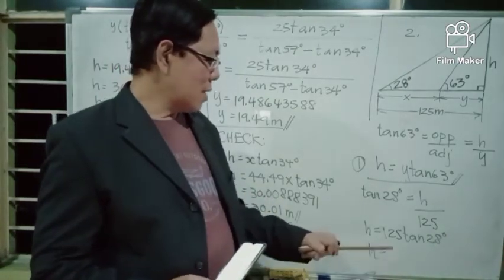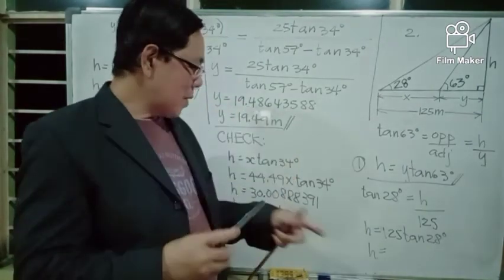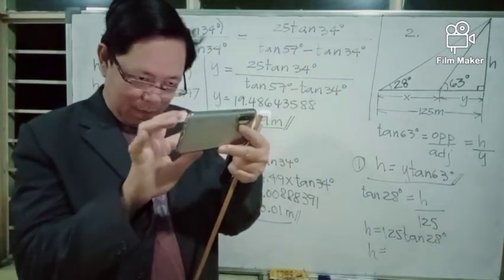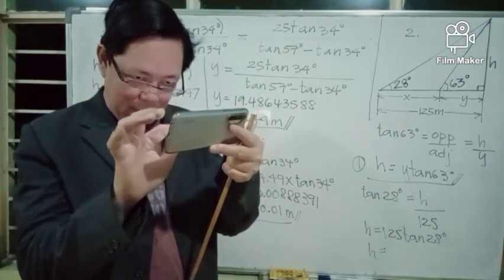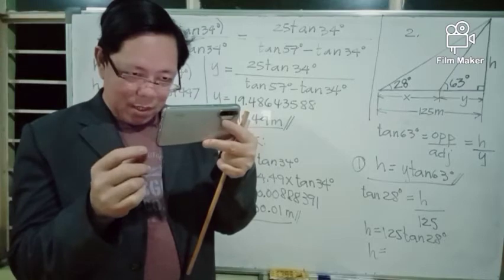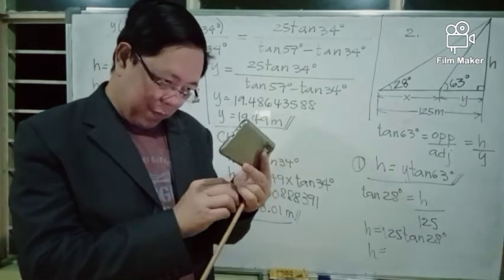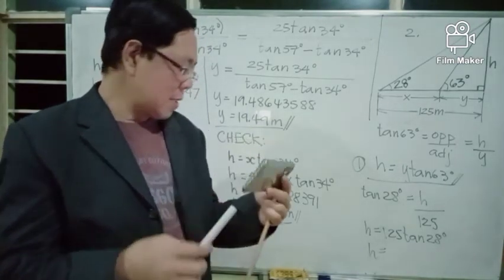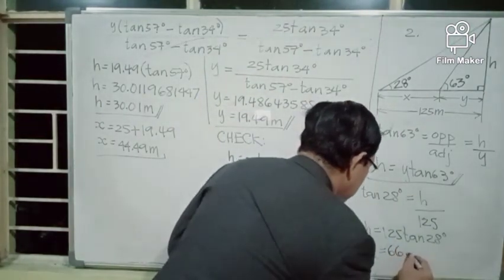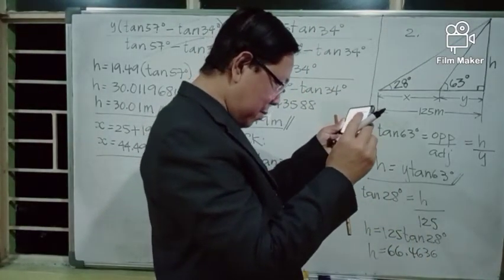We have 125 multiplied by tangent of 28 degrees. And you should get 66.46636789.